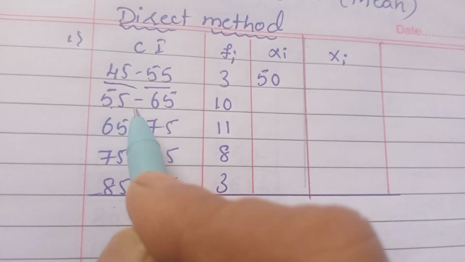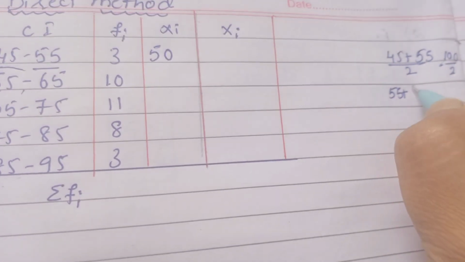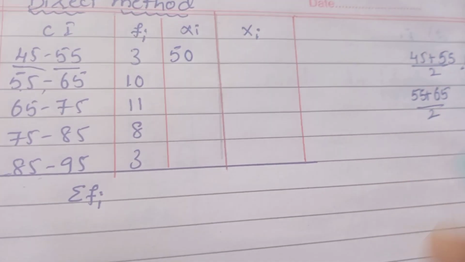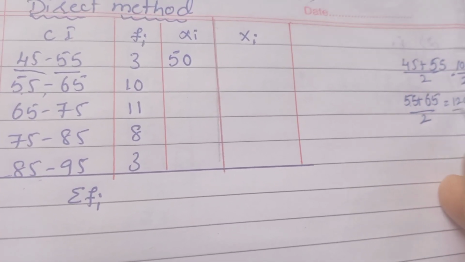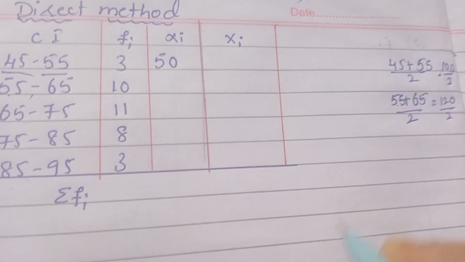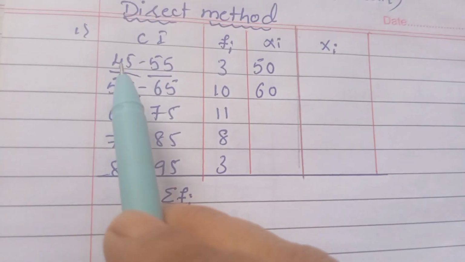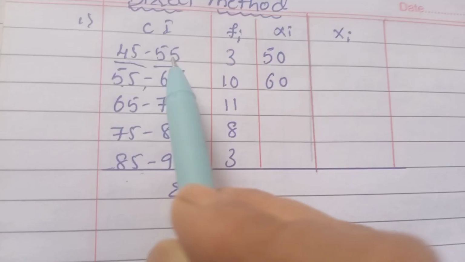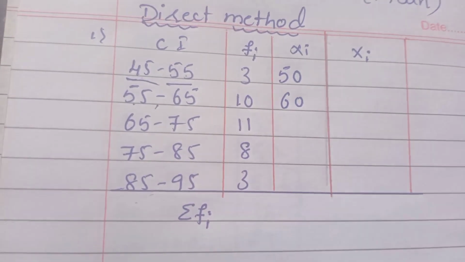Similarly, 55 plus 65 divided by 2. 55 plus 65 is 120, divided by 2 is 60. Add upper limit and lower limit, divide by 2, that is midpoint xi.